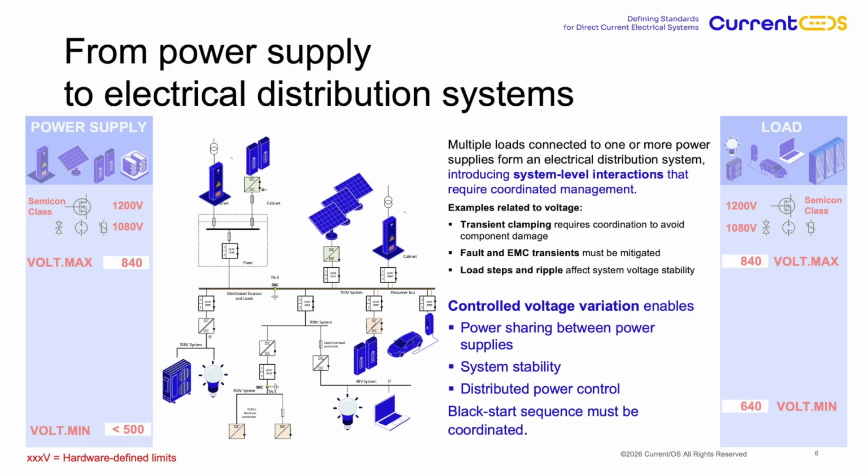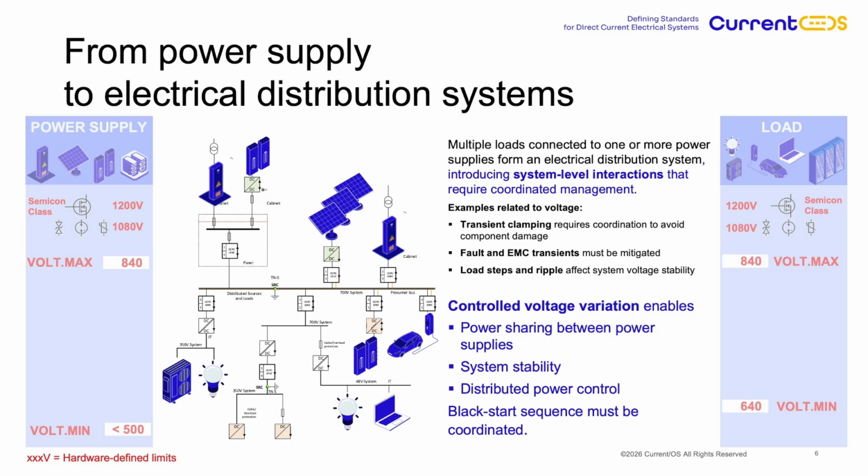However, if one product in the system has a lower clamping threshold voltage than the others, its protection components will activate first and absorb the full transient energy. This may damage that product, while the other products do not participate in transient suppression. Therefore, in a system heavily based on power electronics, such as a DC electrical system, coordination of clamping voltages is required.